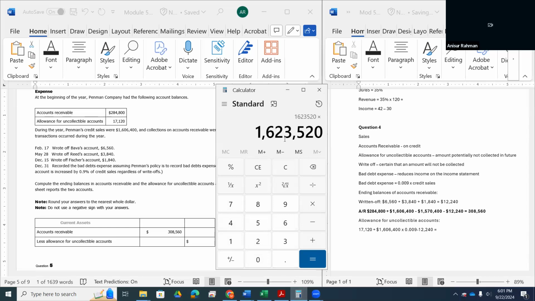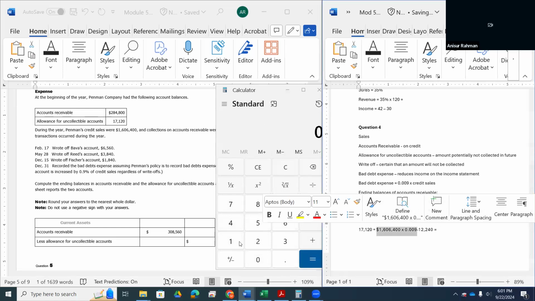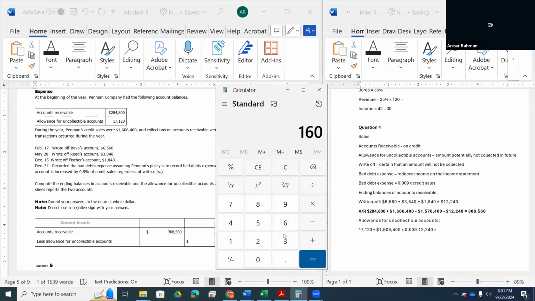So now let's see how much we get. I need to do the multiplication first here. And then I will press equal and then add 17,120, equal, and then subtract 12,240.